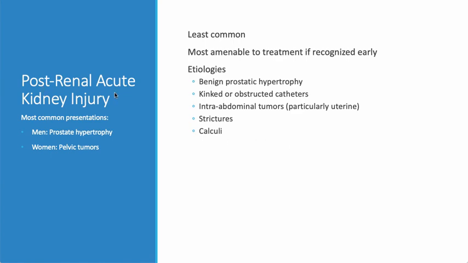Then there's postrenal acute kidney injury, and as I said, this is the most amenable to treatment. One of my first experiences as a nurse was working in the emergency room, and I saw an older gentleman come in with urinary retention, hadn't gone to the bathroom in a couple of days.